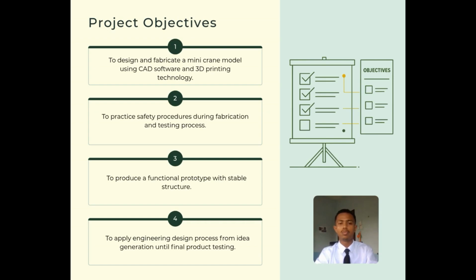Third, we want to produce a functional prototype with a stable structure so that the crane can operate safely without tipping or failure. Lastly, this project allows us to apply the engineering design process, which includes idea generation, design, fabrication, assembly, and testing.